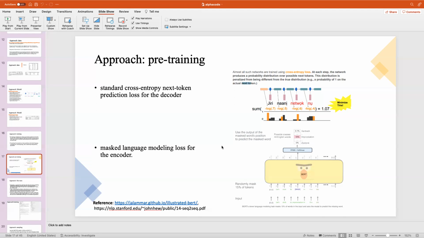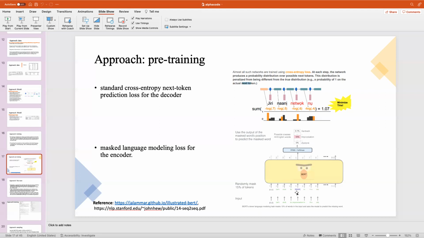The second loss is the masked language modeling loss for the encoder, which, as I said, is used in BERT. The idea is, given an input sequence, we mask some of the tokens and put a mask token in the blank.